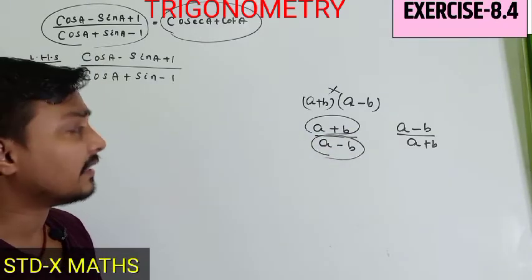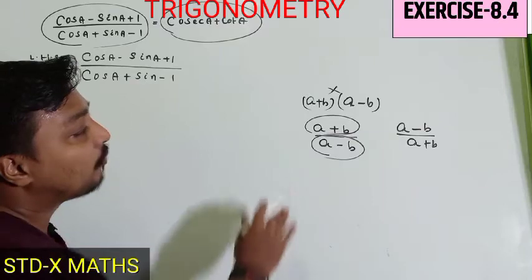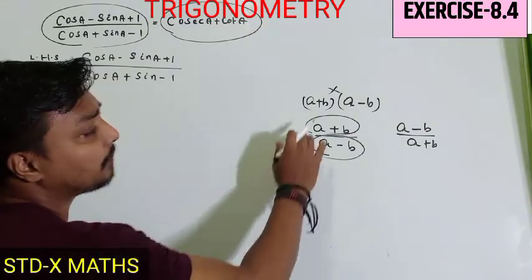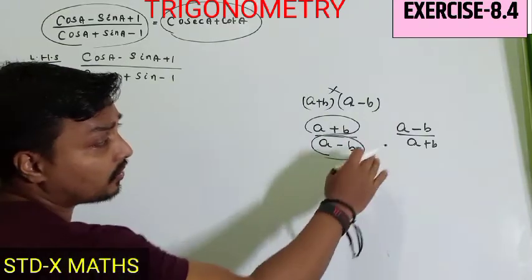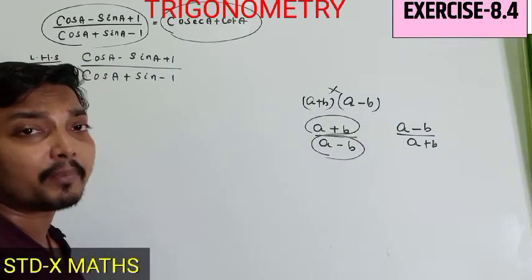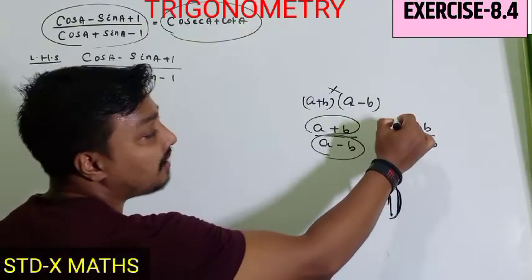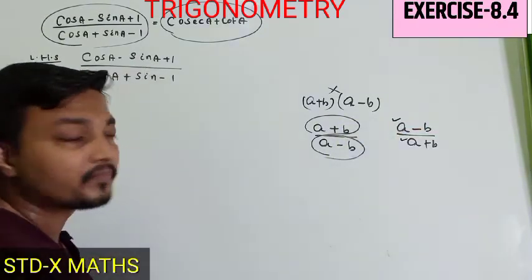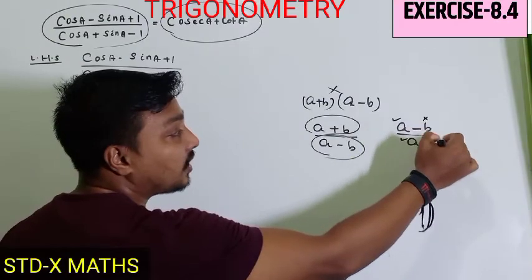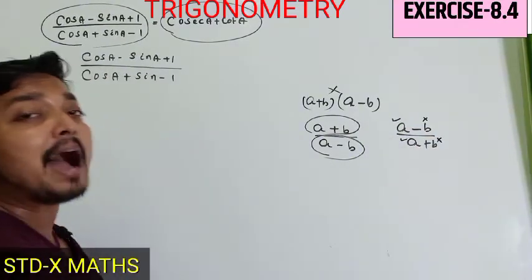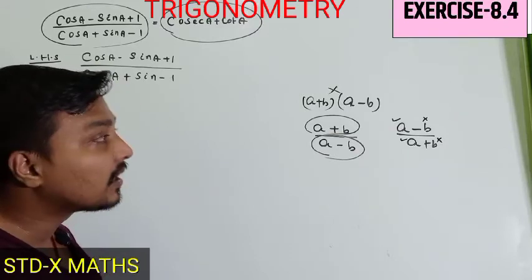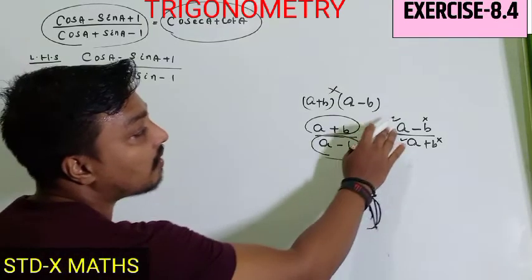Listen, the easy trick you have to remember: how can one think that this is in the form of A plus B divided by A minus B, or A minus B divided by A plus B? Always check whether the terms in the numerator and denominator are the same. Apart from the sign of the term, you only have to check whether the terms are equal.